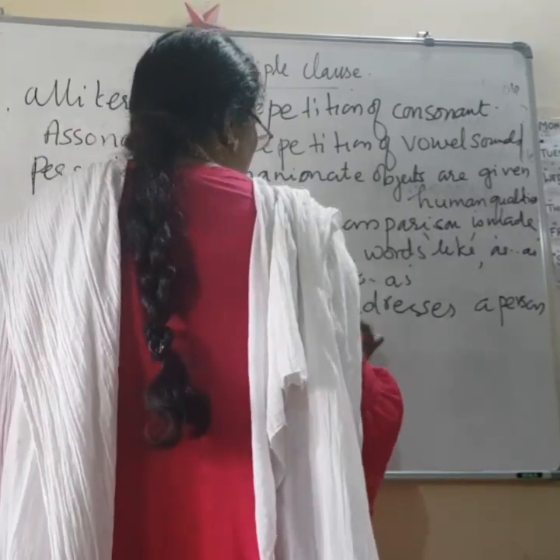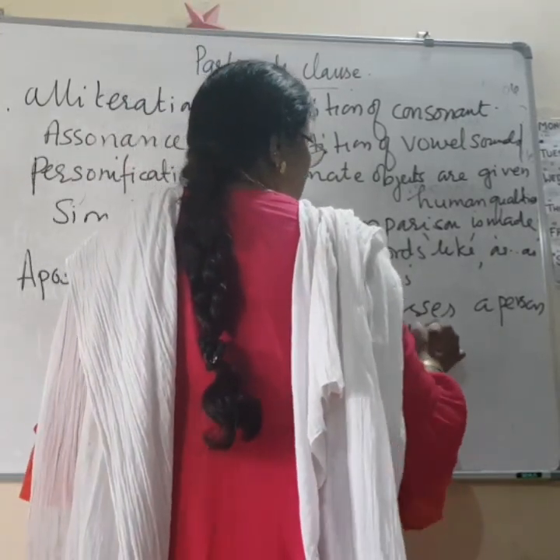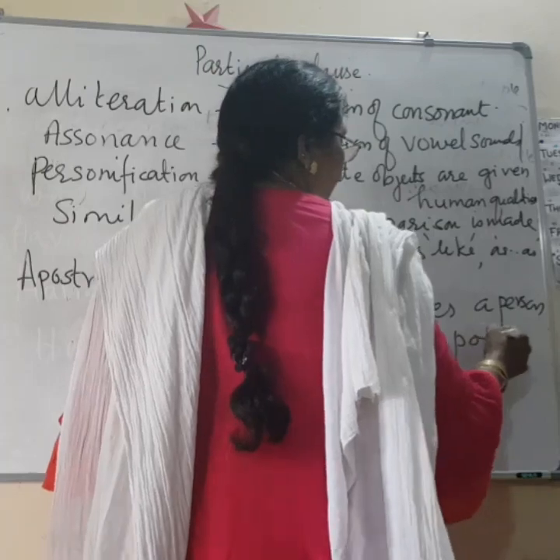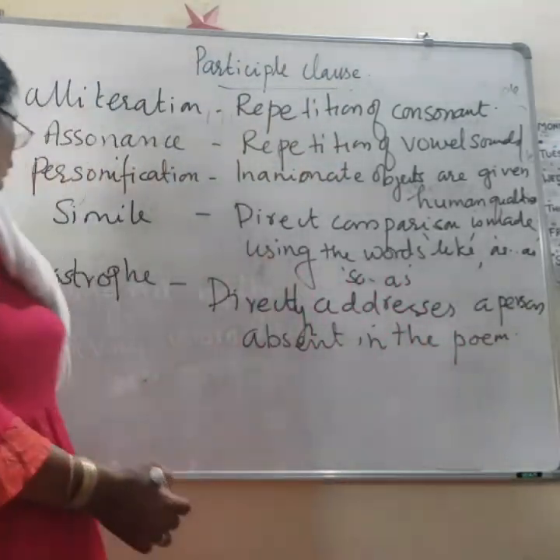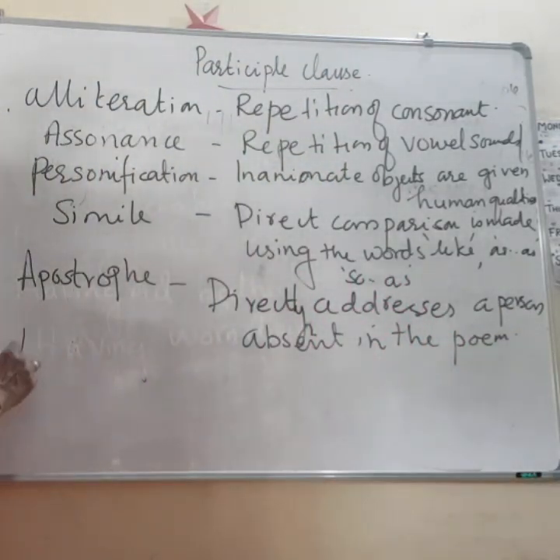Actually that person is absent in the poem, but the poet is addressing that person, then it is called apostrophe.